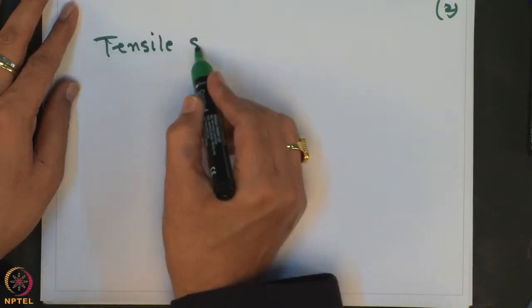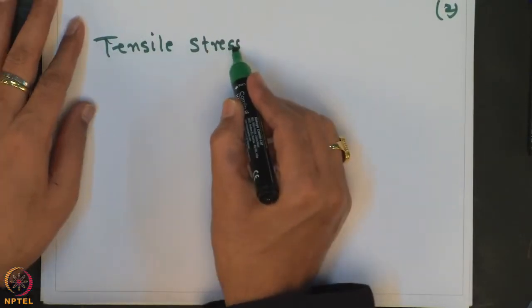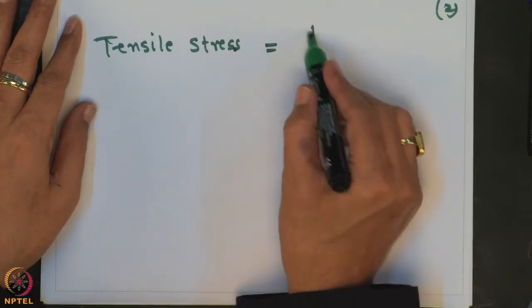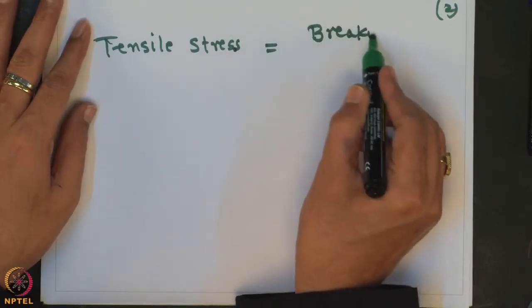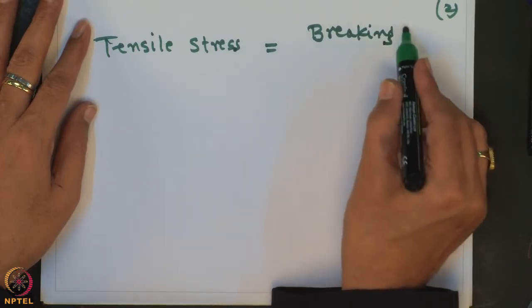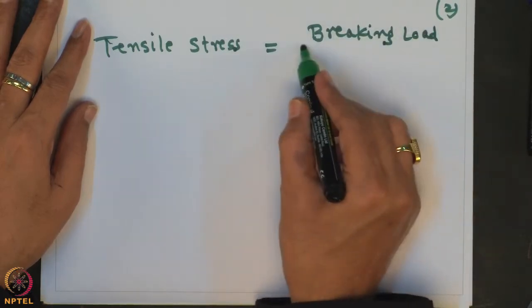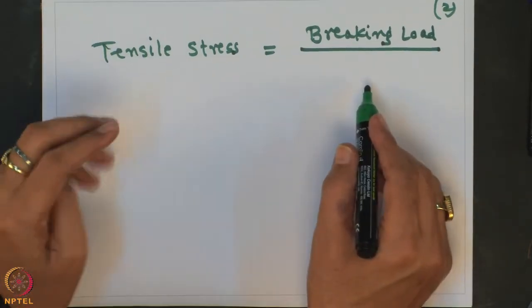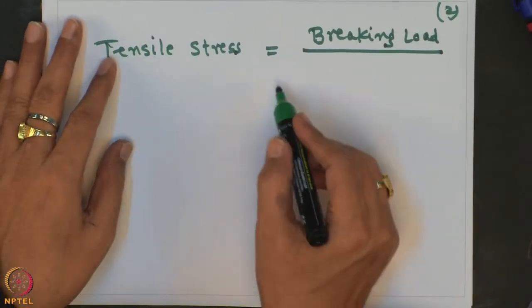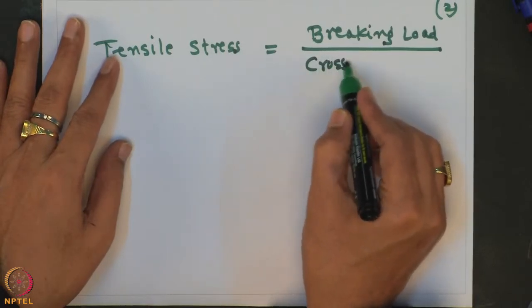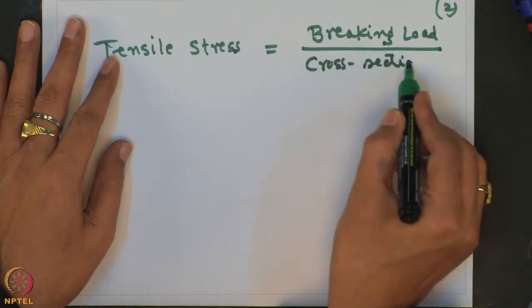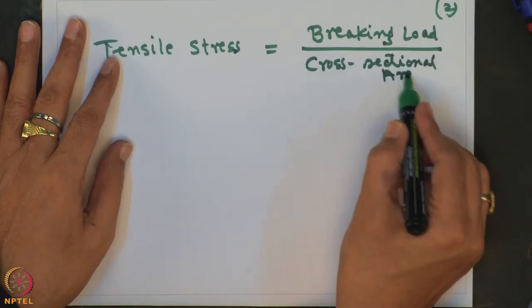So, as I said, tensile stress is equal to breaking load divided by cross sectional area of the sample.